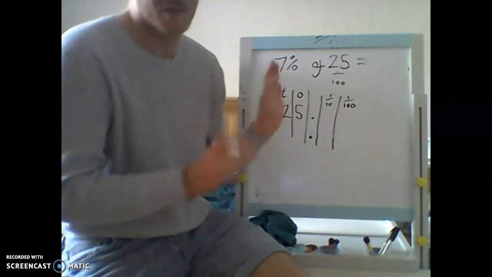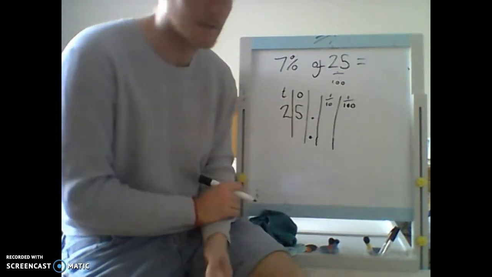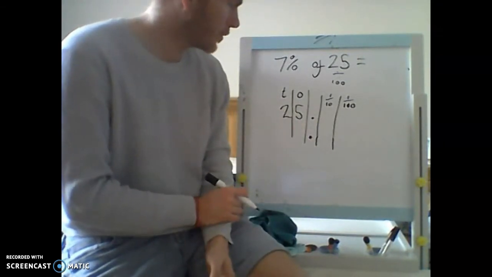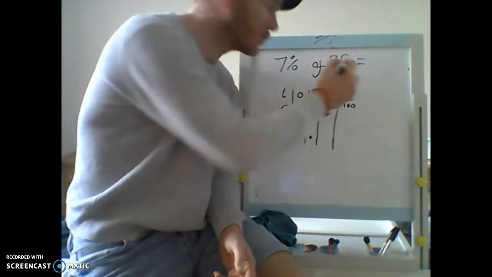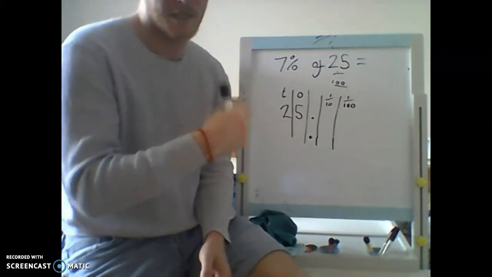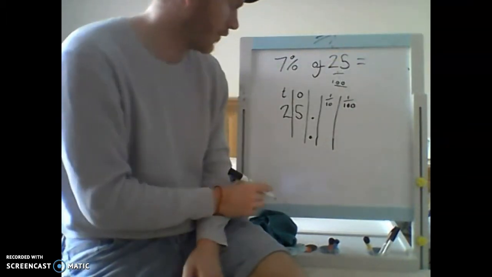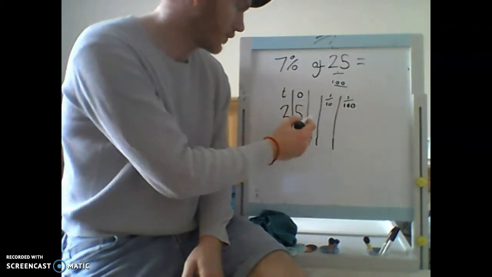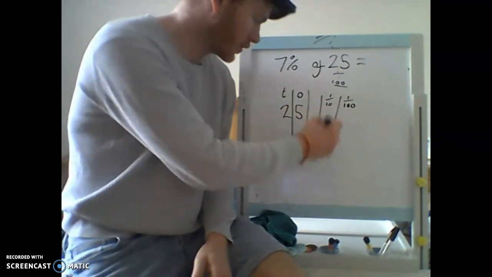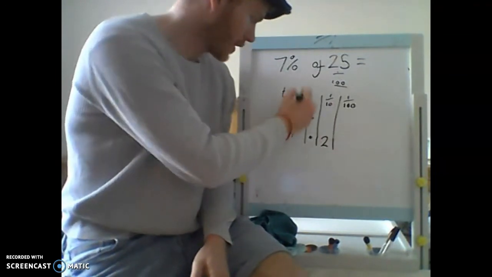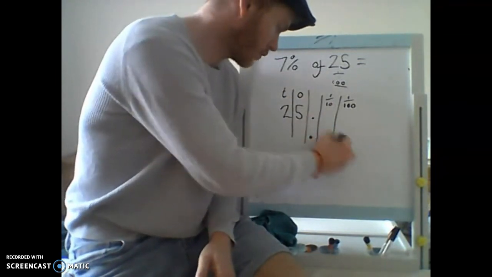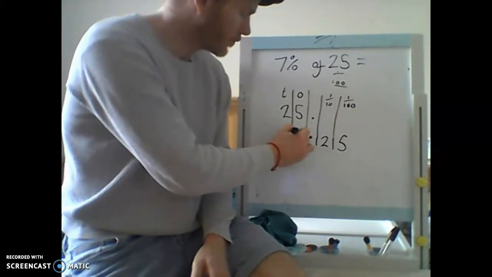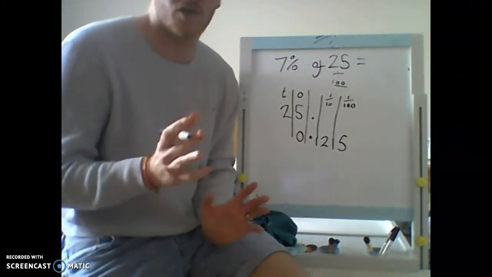Then we divide by 100. With 100 we've got 2 zeros, so we take it down 2 steps of our columns. So the 2 goes there, and then the 5 goes there, and we've got the answer 0.25.